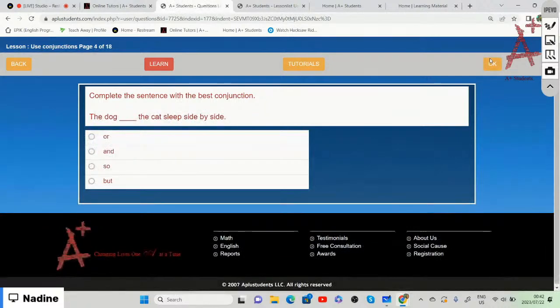The dog or the cat sleep side by side. The dog and the cat sleep side by side. The dog so the cat sleep side by side. Or the dog but the cat sleep side by side. We need to choose the best conjunction within that sentence, either choosing or, and, so, but.